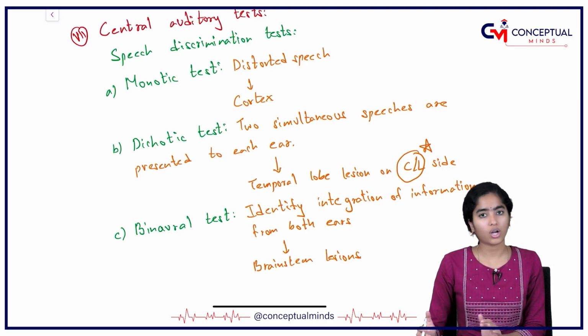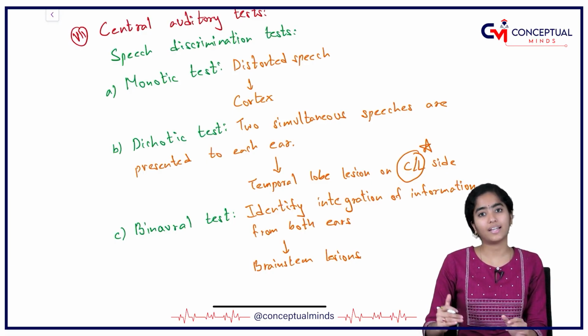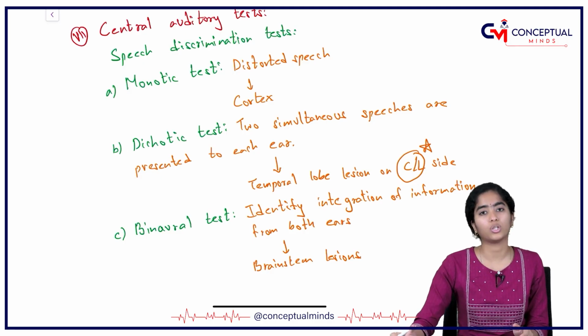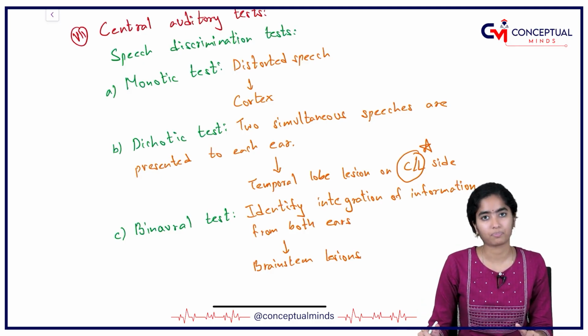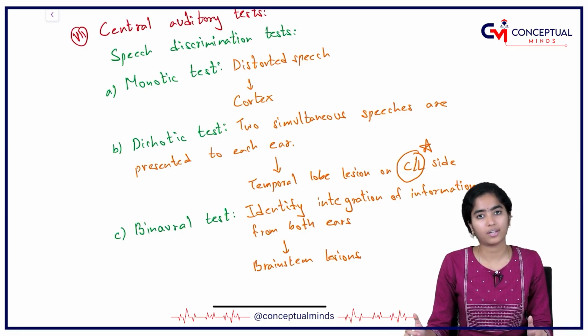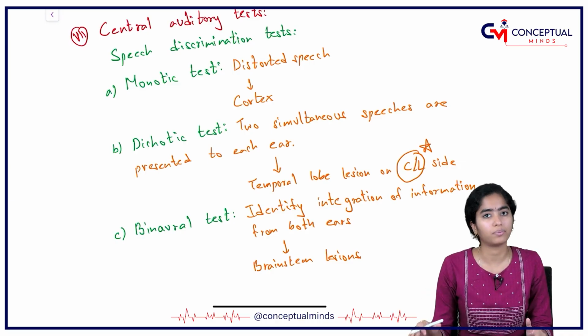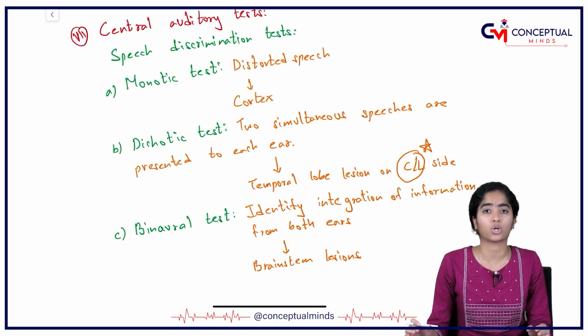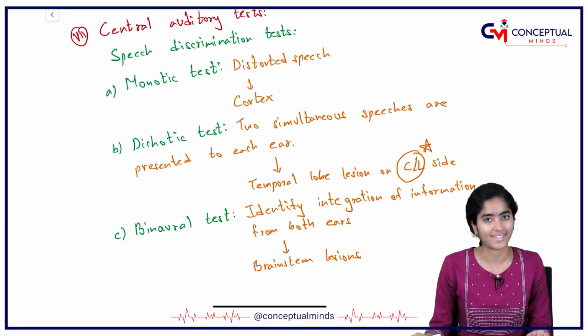In retrocochlear lesions also, is it in the 8th nerve or beyond, somewhere in the pathway, the brainstem or the auditory cortex? Those can be identified by the central auditory tests. Not just central auditory tests, even electrocochleography and BERA give an idea if there is some problem in the 8th nerve, and central auditory tests will finally identify if there is a problem in the cortex or in the temporal lobe itself.